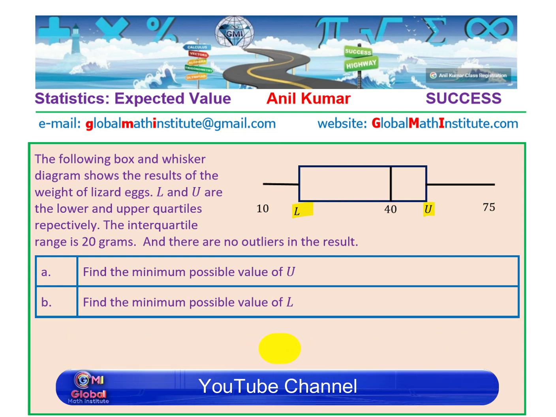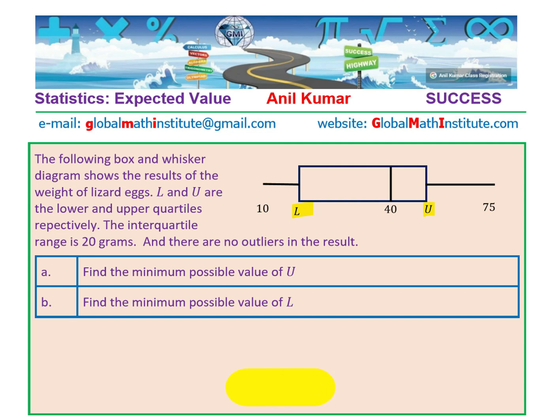Now, let's look into the basic concepts and get the solution of this very important question. So, what is given to us is interquartile range of 20 grams. So, what is interquartile range? It is the difference between the upper and the lower quartiles respectively.